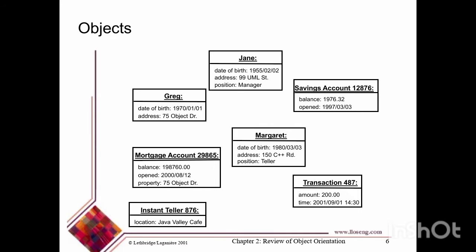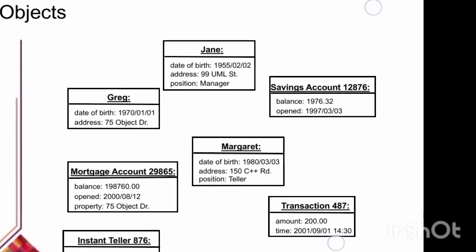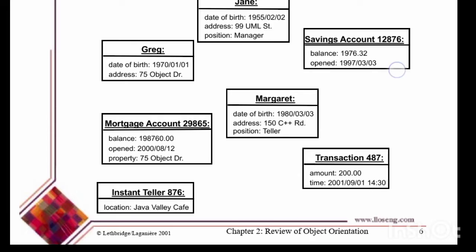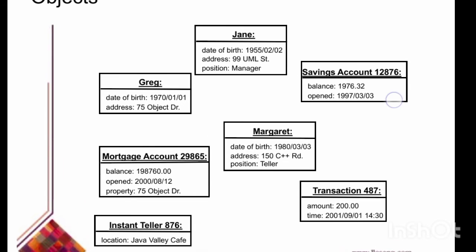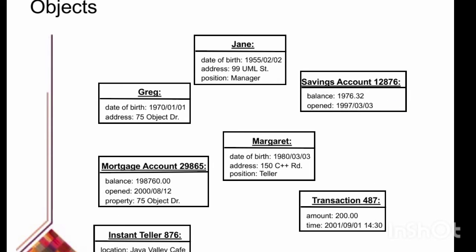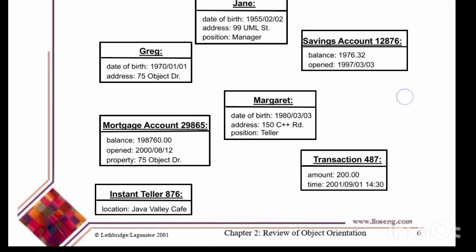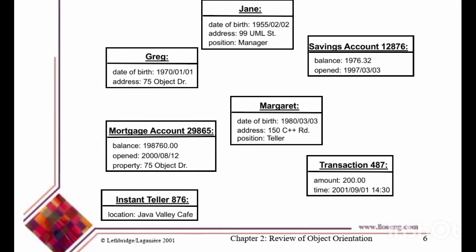Here we take another example of objects: Jane, Greg, Margaret, savings account number, transaction, mortgage account number, and instant teller. All these are the objects of a banking account system.